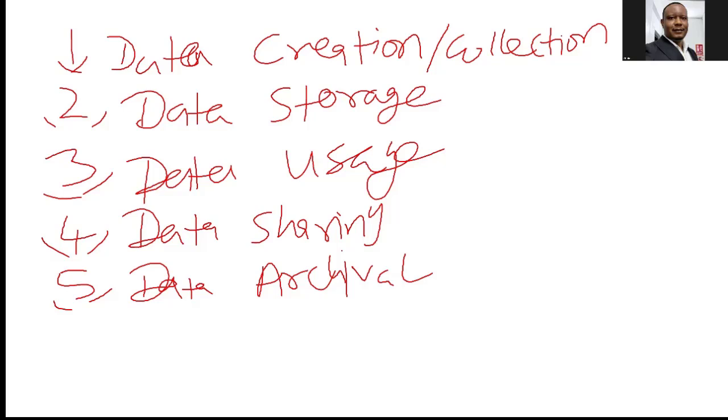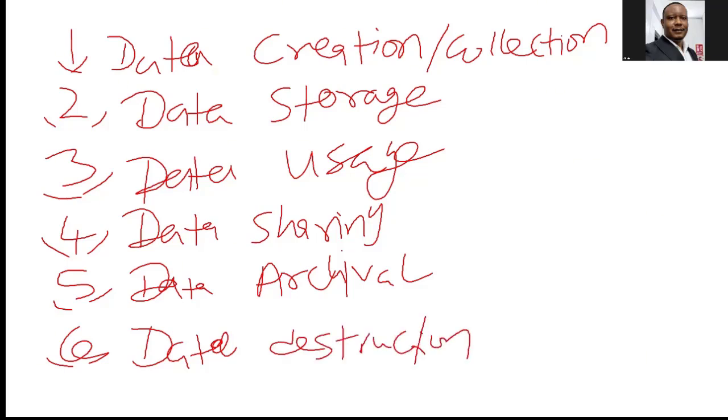And then the final stage of the data lifecycle is what we refer to as data destruction or deletion. In essence, when data gets to the end of its life cycle, it simply means that the data is no longer needed. Sometimes it could also be that the retention period has expired, maybe due to regulation.